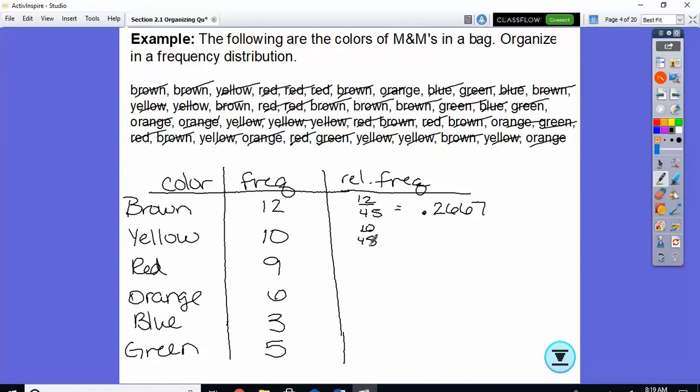Okay, so for the yellow, you're just doing 10 out of 45, which is 0.2 repeating. Red, 9 divided by 45 is 0.2. Orange, 6 divided by 45, 0.1333.